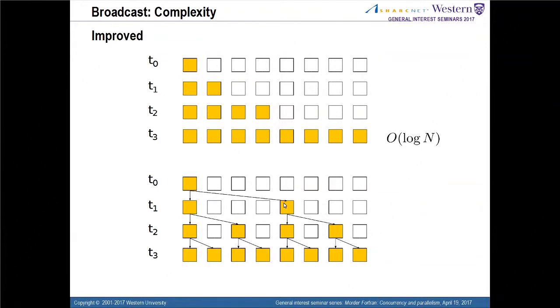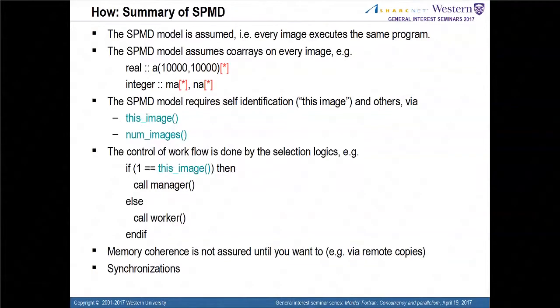We split this into 2 branches, and further, and we can end up with log n. This is a more efficient way. But unfortunately, with the Coarray Fortran standard, it doesn't specify how we can do broadcast in a more efficient way, and we're looking for some improvement in the future.